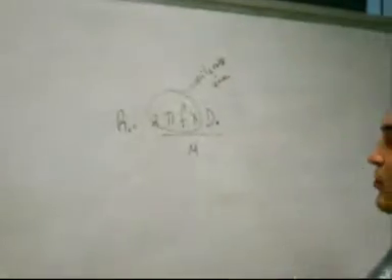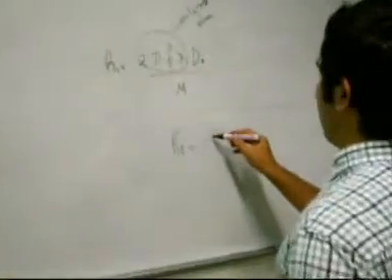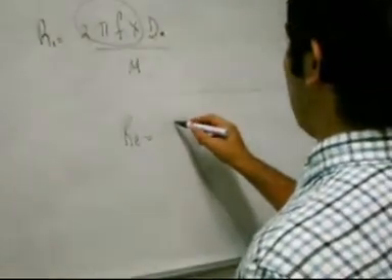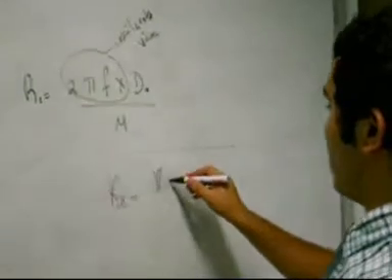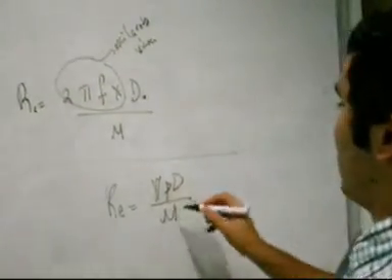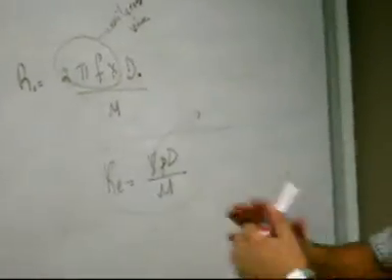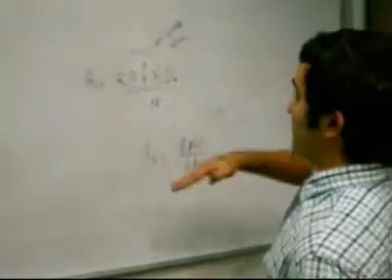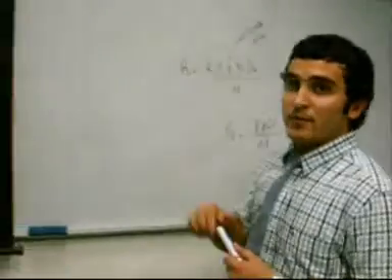The other one we use in our lectures is velocity times density times d over viscosity. That velocity is the velocity of the flow through the straight pipe, but this velocity is the oscillatory velocity. That's the link I found.